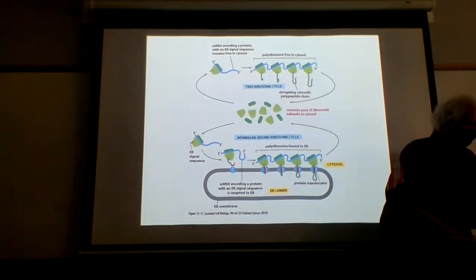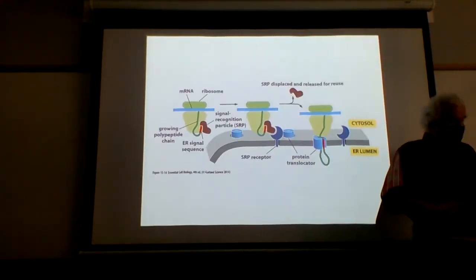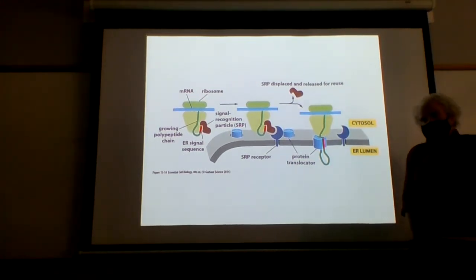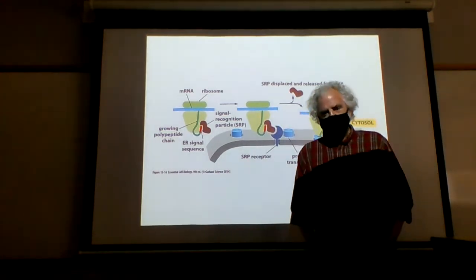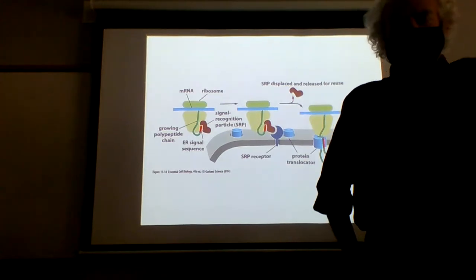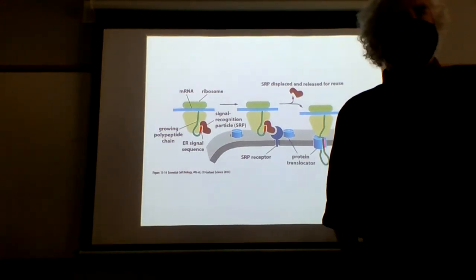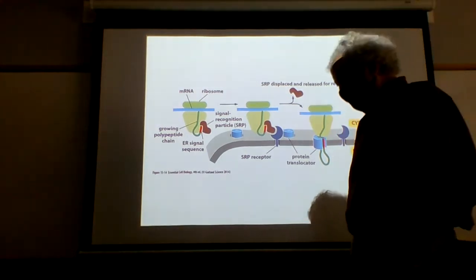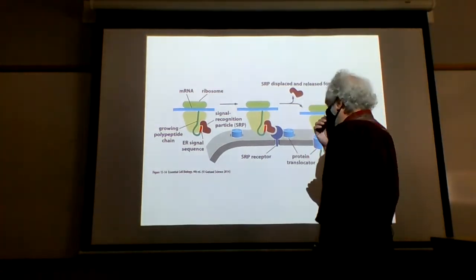And so here is sort of the full refined story that Blobel and Doberstein and David Sabatini put together. And just for those of you that are paying attention, Doberstein's first name is Bernard. I didn't know that off the top of my head on Wednesday, but I do now. So, they discovered all these different parts.